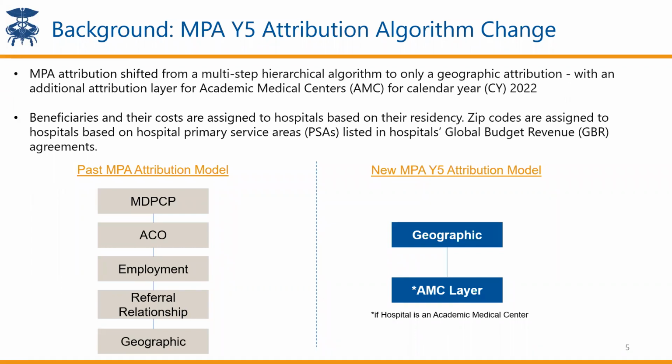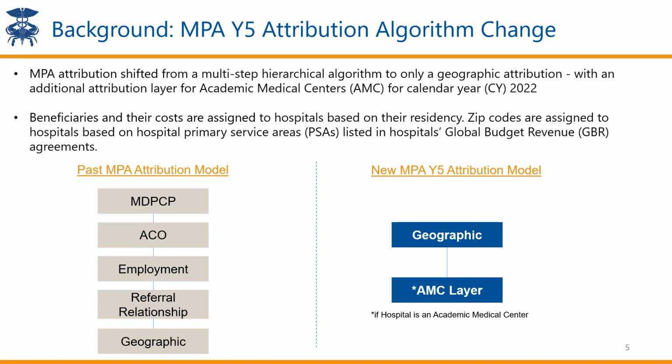The academic medical center layer uses an alternative attribution approach where beneficiaries with a case mix index of greater than 1.5 who receive services from the academic medical center are attributed to that academic medical center, as well as the hospital under a standard geographic attribution approach. AMCs will also have a geographic-based attribution.